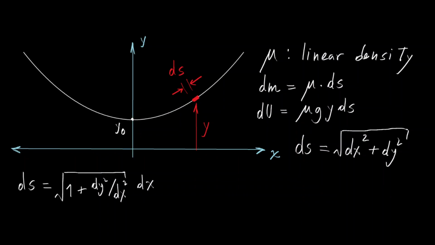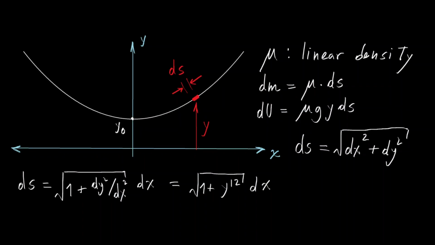Inside the square root, we recognize that dy divided by dx is just the derivative of the function y. We can write it more simply as the square root of 1 plus y prime squared, times dx. So this is the length element of our small portion of the cable.